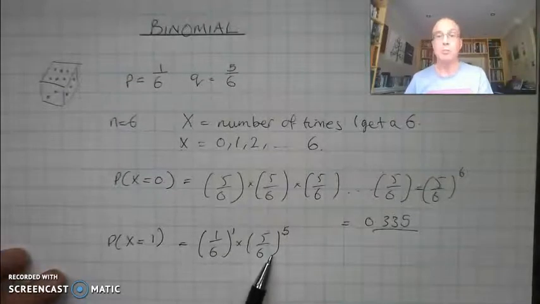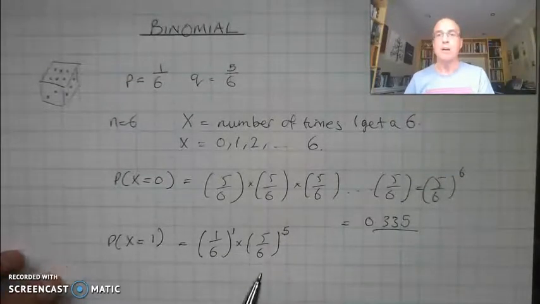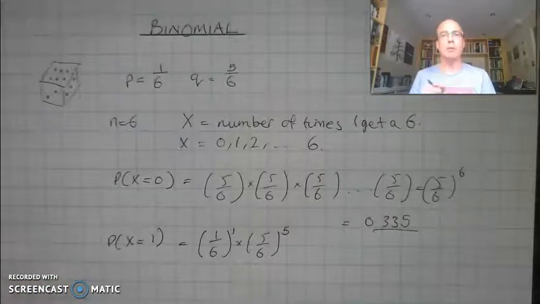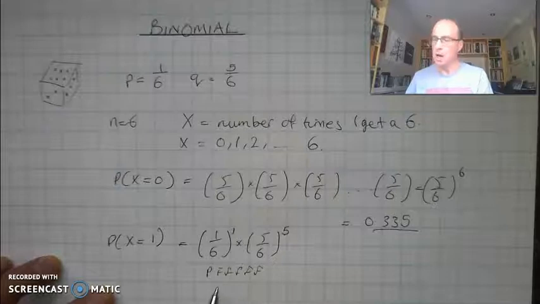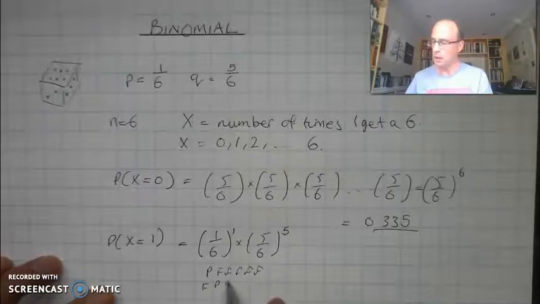Before I put that into my calculator though, what I've thought about so far is the probability of being successful and then failing 5 times. But I could also have failed the first time, then been successful, and then failed for the next 4.